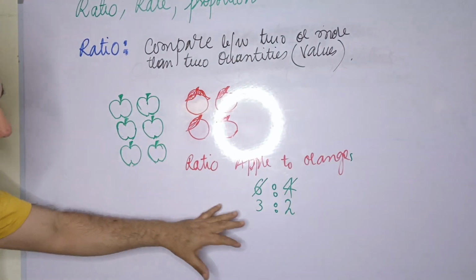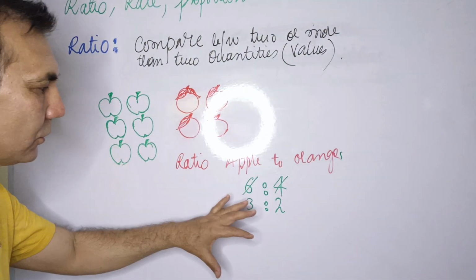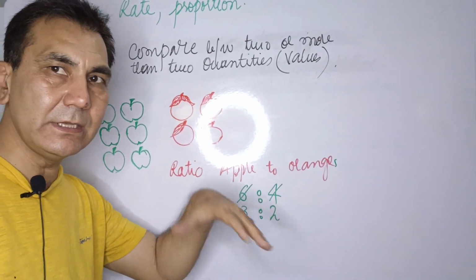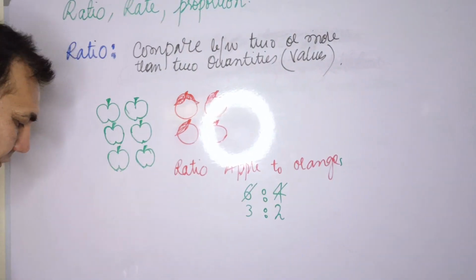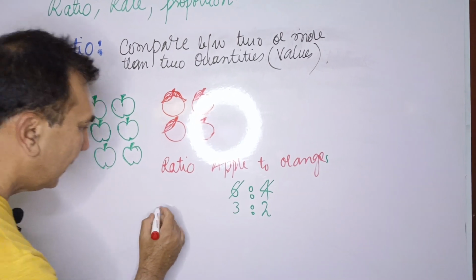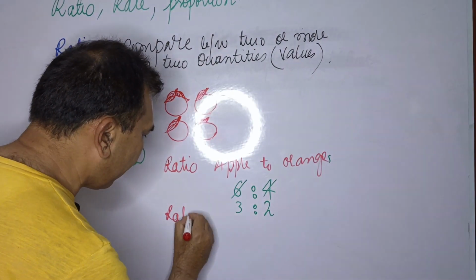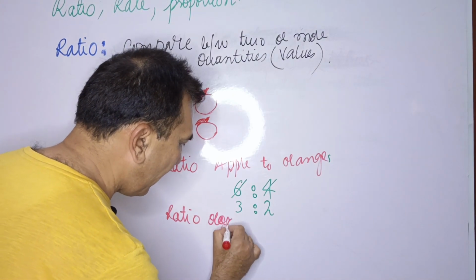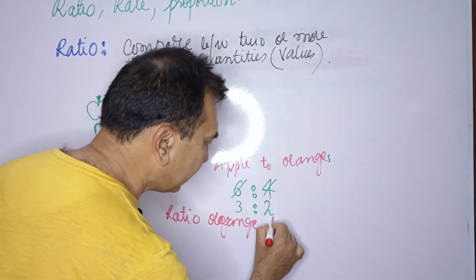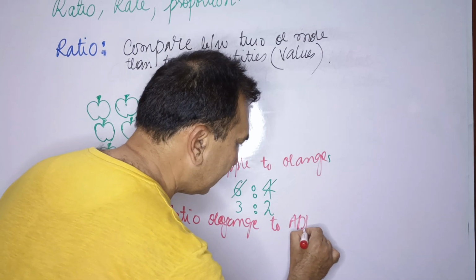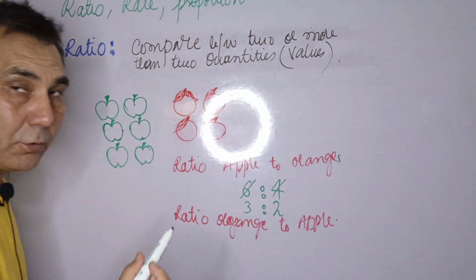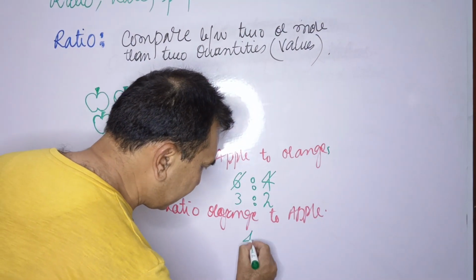Now, just to learn this concept, we will find another ratio. If I ask you to find the ratio of orange to apple: how many oranges are there in the basket? 4.